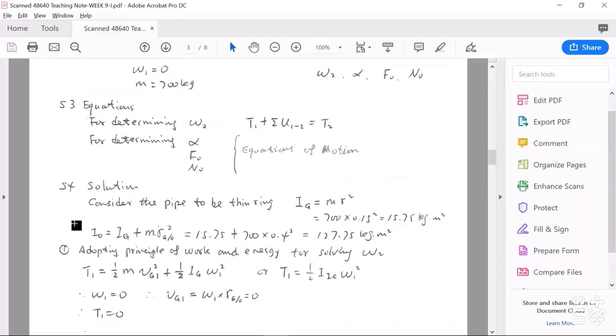Because the rotation center of this pipe is O, we use the parallel axis theorem to calculate MMI about axis O.